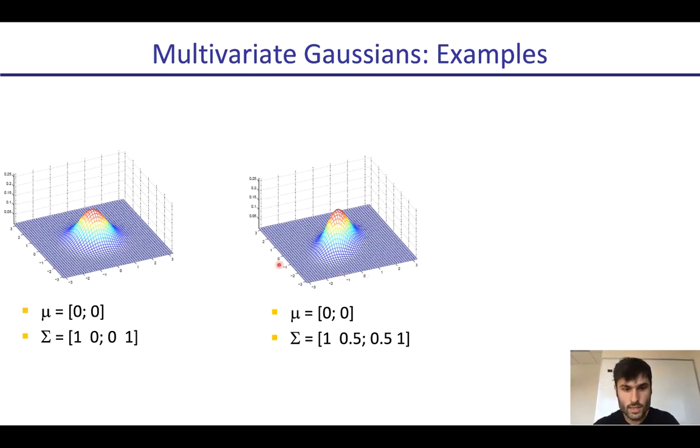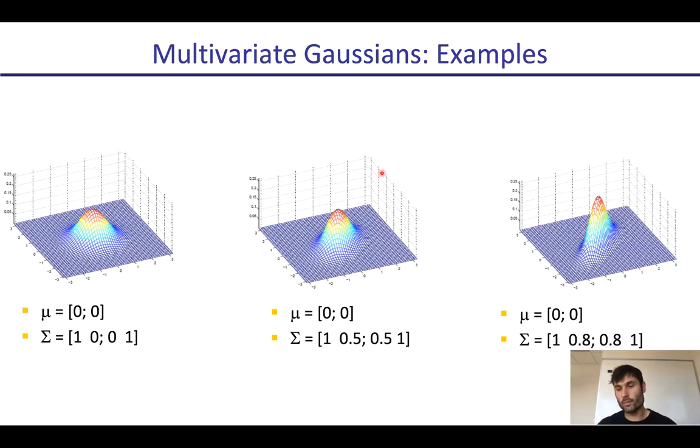What this means is that if we increase the value of the variable x, the probability of y having a higher value also increases. And that's why it has this sort of elliptical shape that is aligned to x equals y. So one of the axes of this ellipsoid is aligned with x equals y.